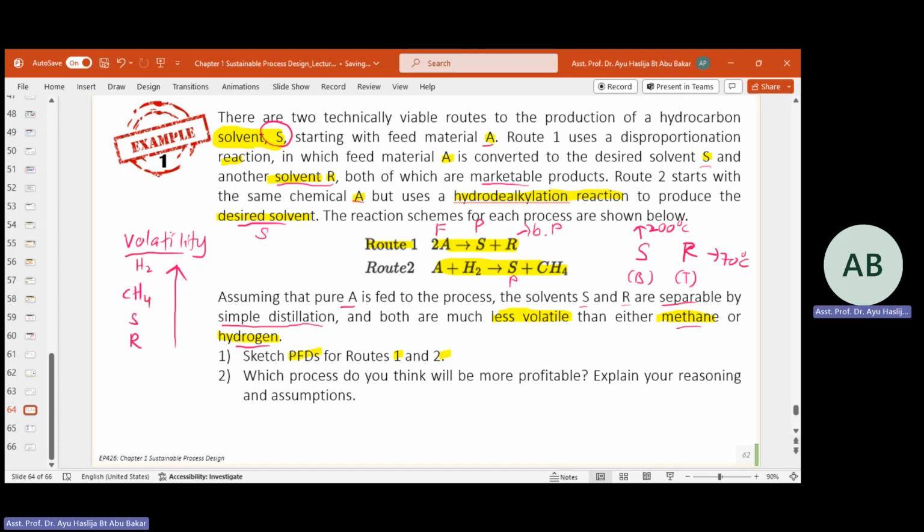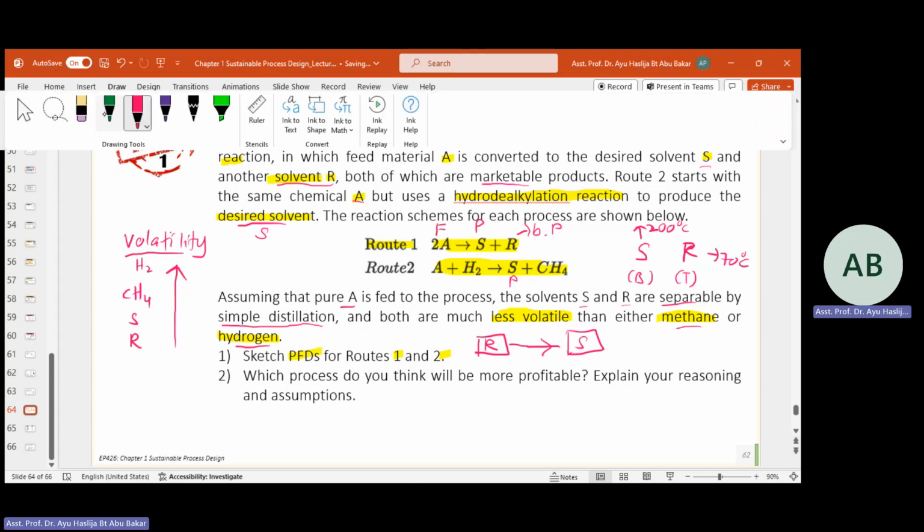Now, the question asks you to sketch PFDs for route 1 and route 2. Meaning that, from the statement over here, you should sketch from the reaction process, then involve the separation process. Sorry, not the product, the reaction.